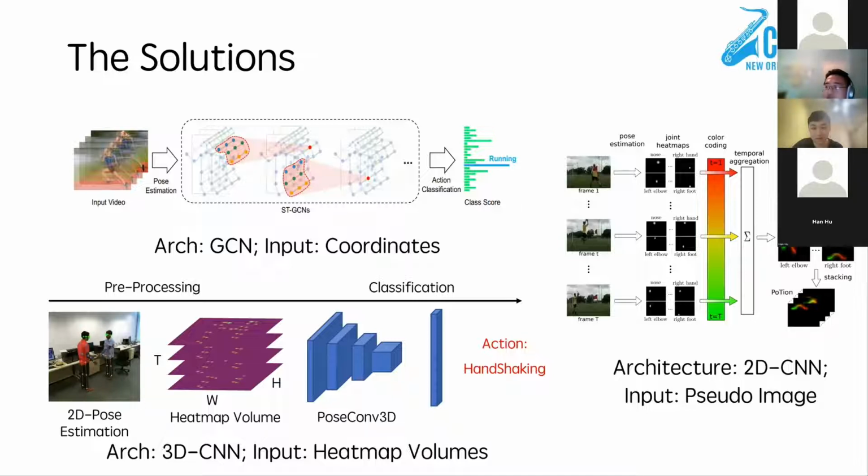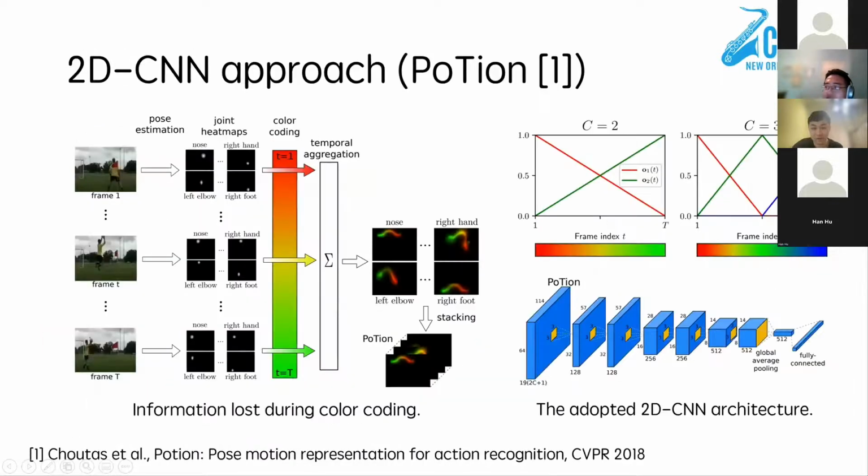The GCN-based approach uses a spatial temporal graph ConvNet to process the coordinate sequence directly, while the CNN-based approach first converts the joint coordinates to pseudo heatmaps, generates a pseudo image with color coding or stacks the heatmaps to form a heatmap volume, and processes the pseudo image or clip with a 2D or 3D CNN. Okay, so let's start from the CNN-based approach.